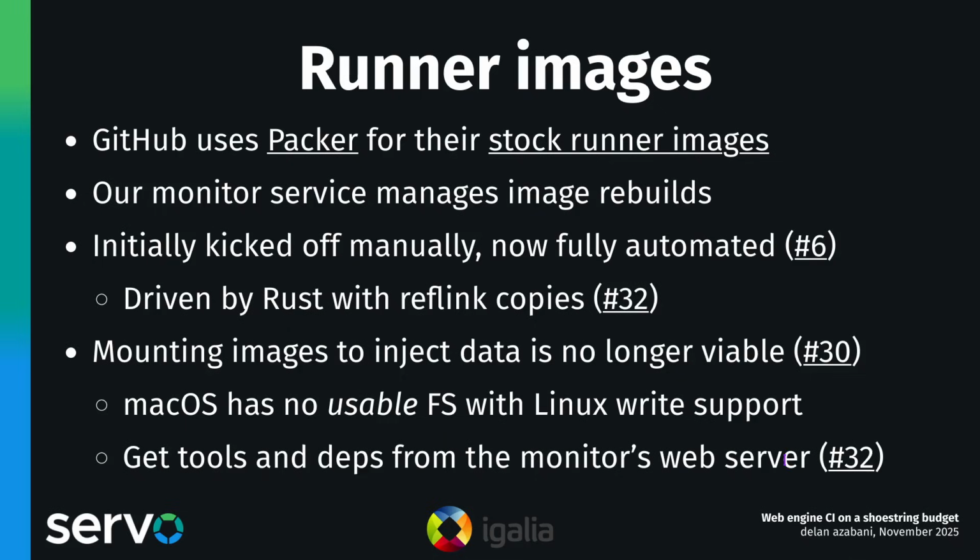Initially, we had a handful of scripts that we just kicked off manually whenever we needed to update our images, but we've now fully automated the process. And we've done this using some modules in our monitor service. So there's some high-level Rust code that drives these image rebuilds. And it even uses reflink copies to take advantage of copy-on-write time savings and space savings with the ZFS.